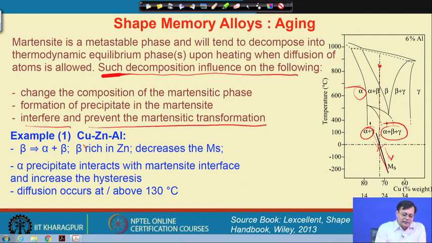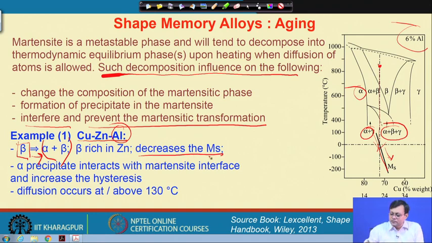As an example, I can tell you it is like copper zinc with some amount of aluminum. Let us say here 6 or 4 atom percent aluminum has been added, or weight percent aluminum. In this case, you will see that beta always tends to decompose to alpha plus beta. And this beta is rich in zinc, and it will basically decrease the MS temperature, the martensitic start temperature will decrease.